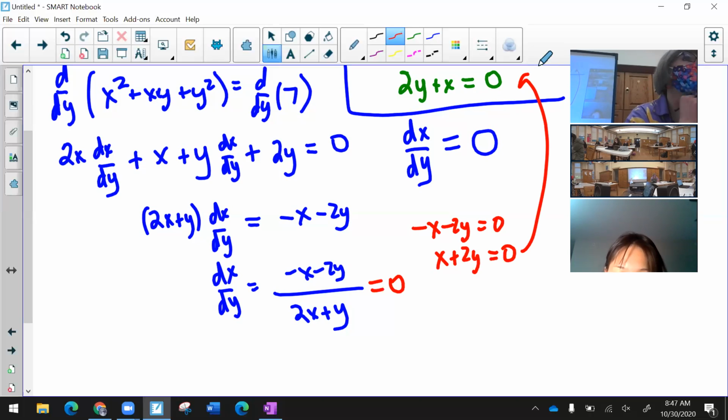Okay, so it's just a different way to get to the same place. So I do the same thing I did before, which is to say that x is equal to -2y.